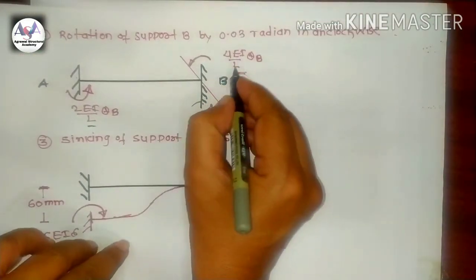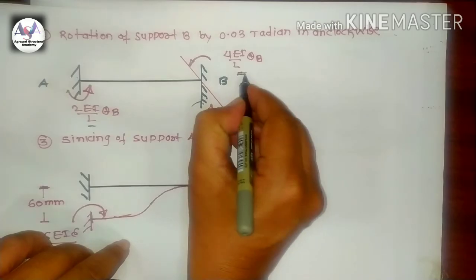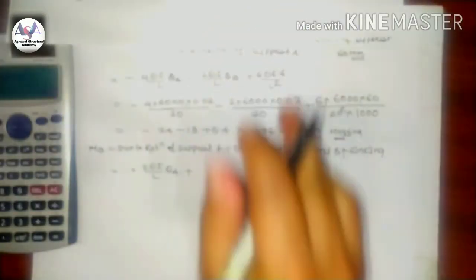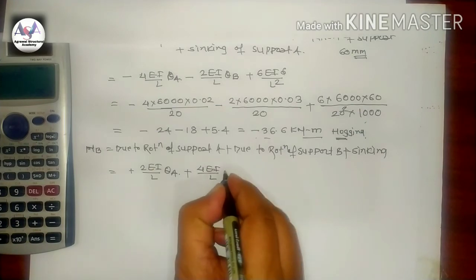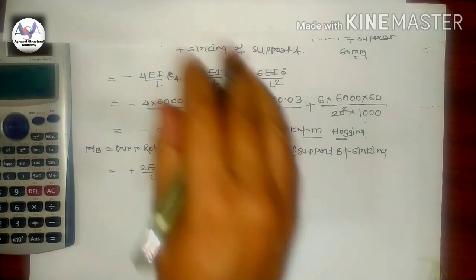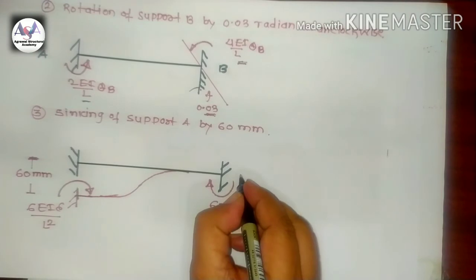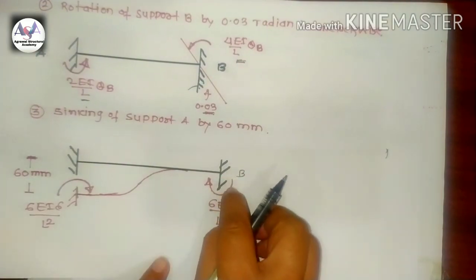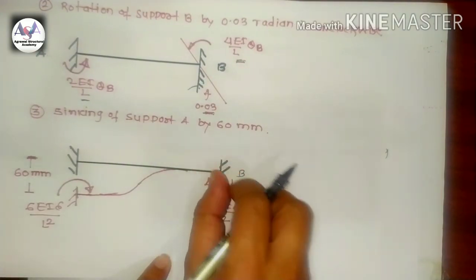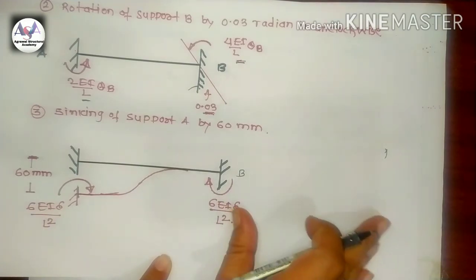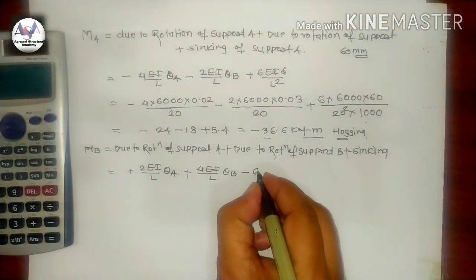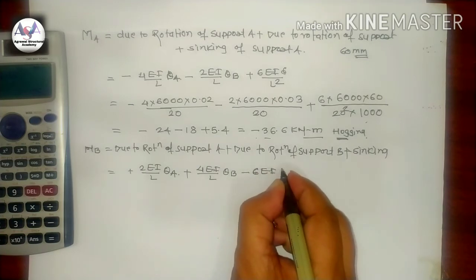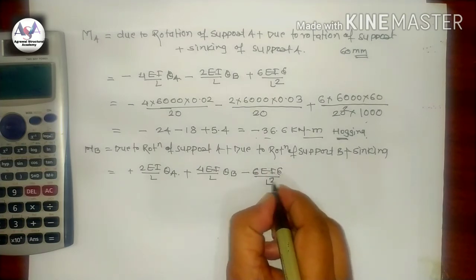How much is it? 4EI by L into theta B. Now at this B support, the sinking tries to push this upward, so this shape is hogging shape. It is a minus. That is why minus 6EI delta by L square.